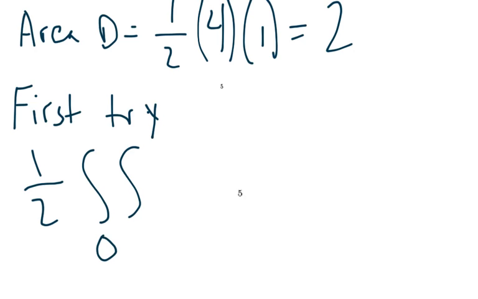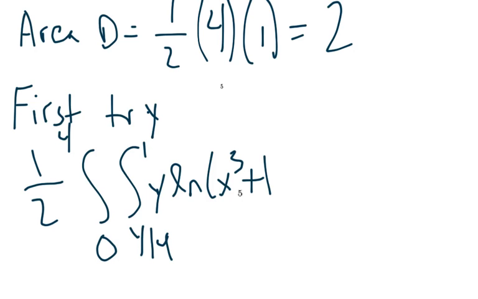So we're going to go from 0 to 4 on the outside, and we're going to go from y over 4 to 1 on the inside. And my f of x, y is y ln of x cubed plus 1. So this would be dx dy.